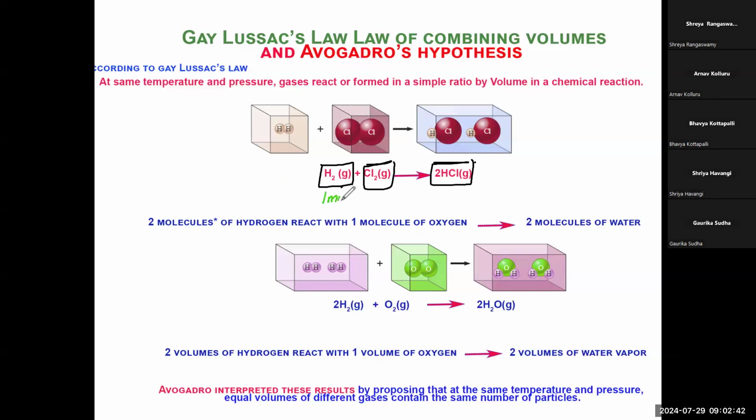The coefficient is 1. How many moles of chlorine gas? You don't know how to read equations in moles? You were using molar ratio. Yes, the way Shreya H is saying. One of this reacting with one of this, giving you two of this. This is in terms of moles.